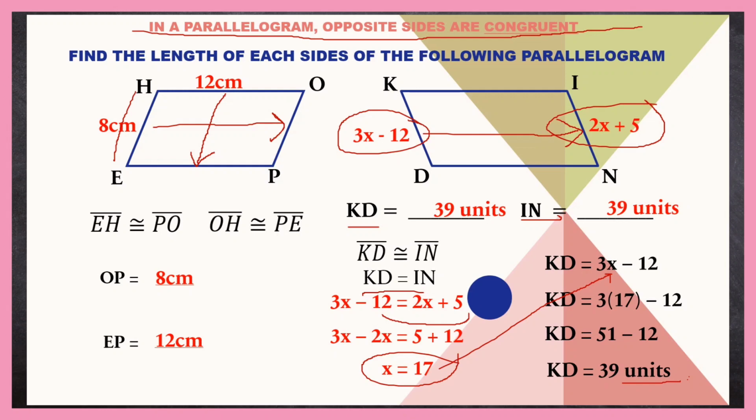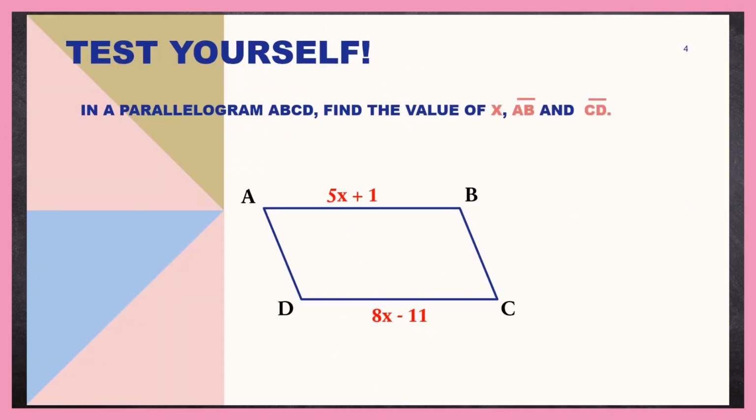Do you understand? Now let us test your knowledge about opposite sides of a parallelogram are congruent. You will solve the unknown x and line segment AB and line segment CD. Write your answer in the comment section below. Good luck, guys!